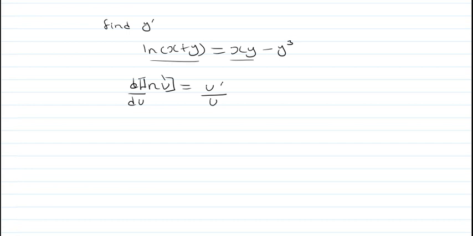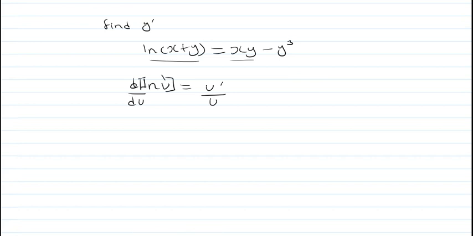If it is not natural log, for instance a log to some base a, there would be a natural log of the base a. But since it's natural log where the base is e, this part is going to be a 1, so no need of writing it here. So this is how we differentiate natural logs.